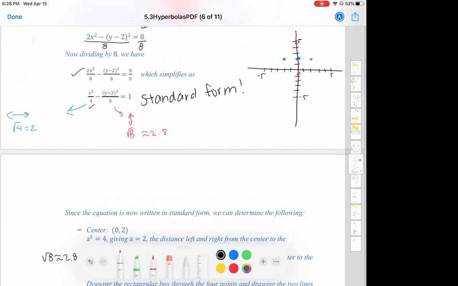So let's label our points. We have 2, 2, and we have negative 2, 2. We have 0, 0.8, and we have 0, 4.8. And we draw that dotted box.